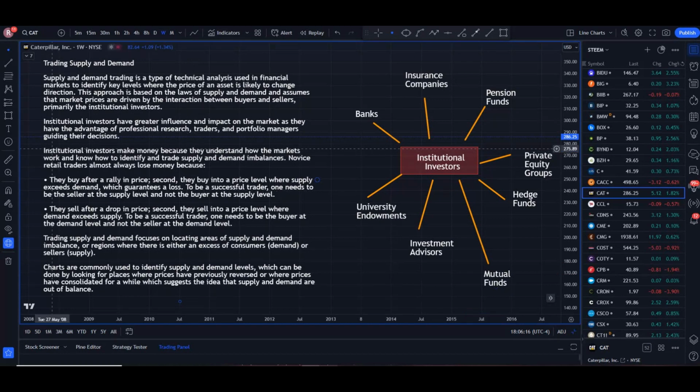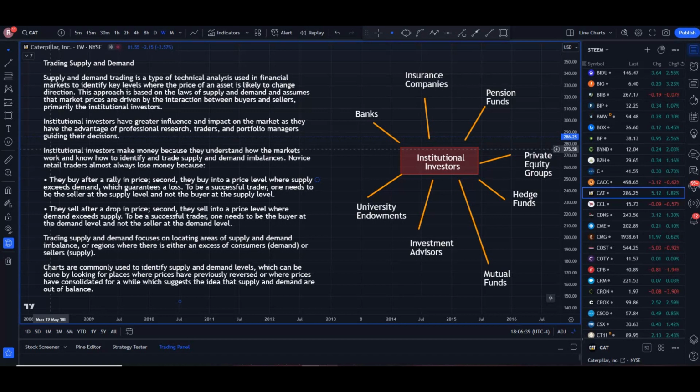What do they do? They buy after a rallying price. Oh no, FOMO. And they buy into a price level where supply exceeds demand, which guarantees a loss. To be a successful trader, one needs to be the seller at the supply level and not the buyer.